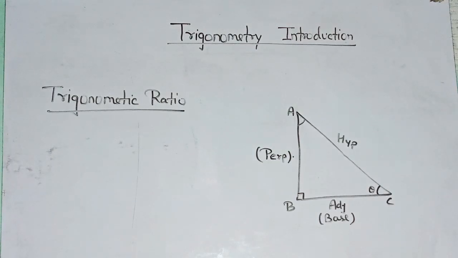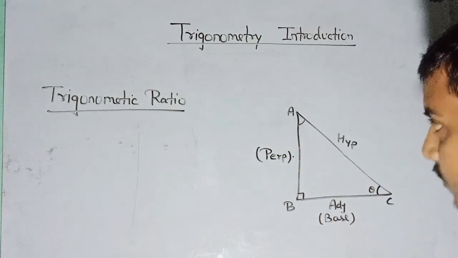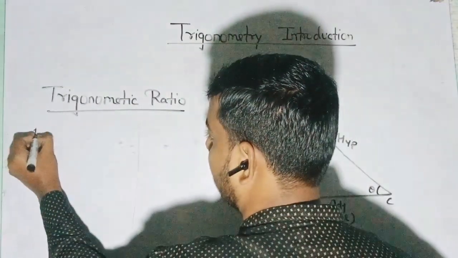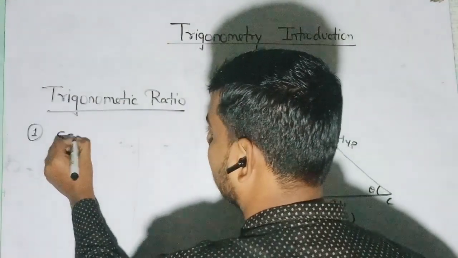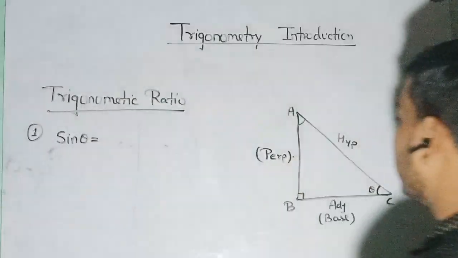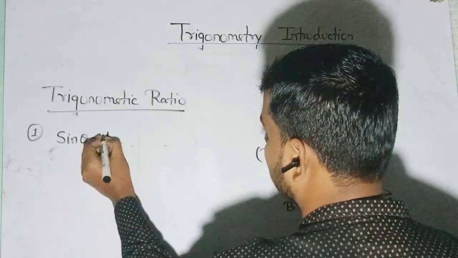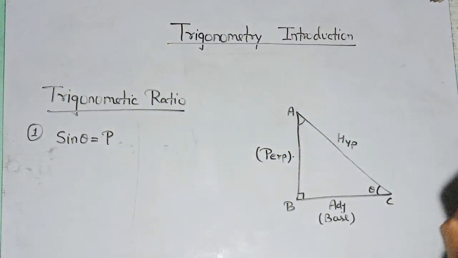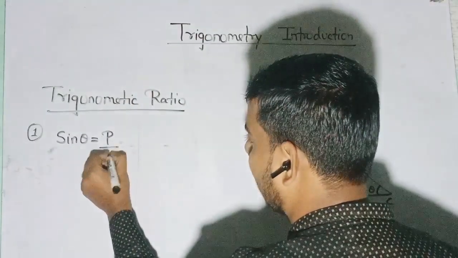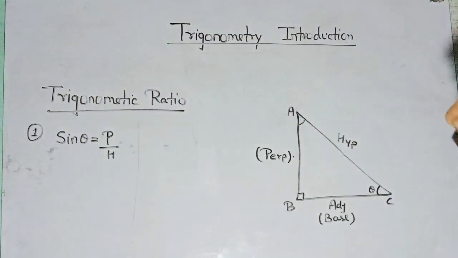So there are six possible cases of ratios. First, the first ratio is sine theta, that is the ratio of perpendicular upon hypotenuse. We say perpendicular as P, hypotenuse as H, and base as B. Okay, so P by H is the ratio of sine theta. So sine theta is the ratio of perpendicular and hypotenuse.